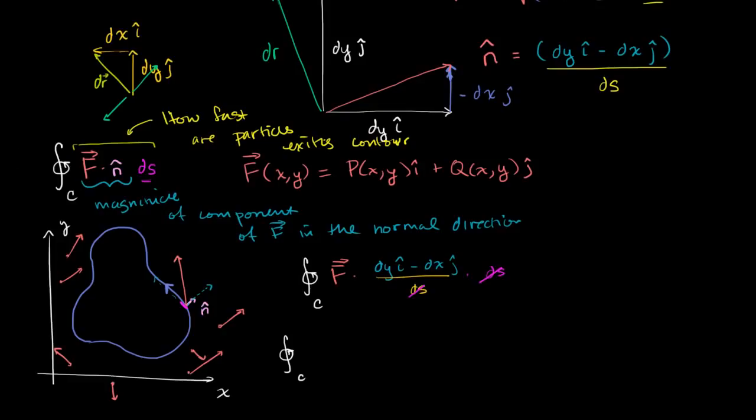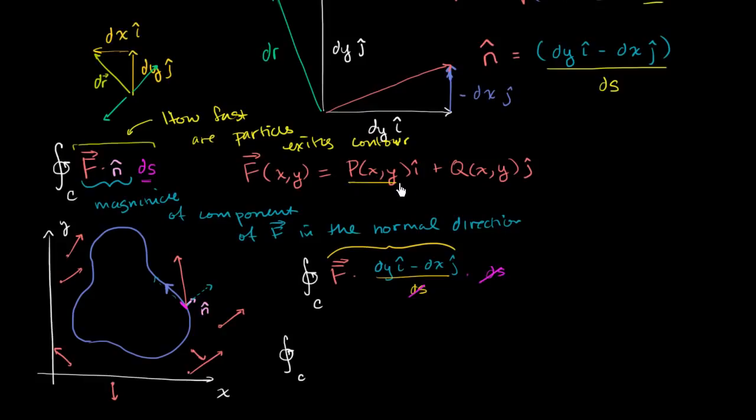And when we evaluate, now let me pick a color that I have not used. I've used so many colors. So I'll do yellow again. So now let's evaluate f dot this business. Dot product, fairly straightforward. You take the product of the x components, the magnitude of the x components.